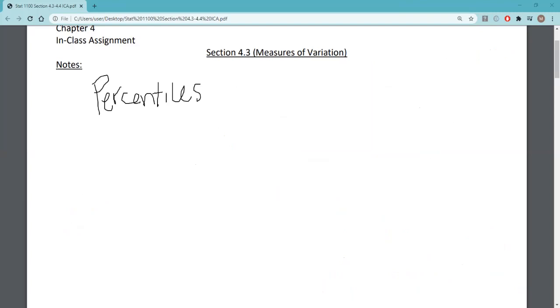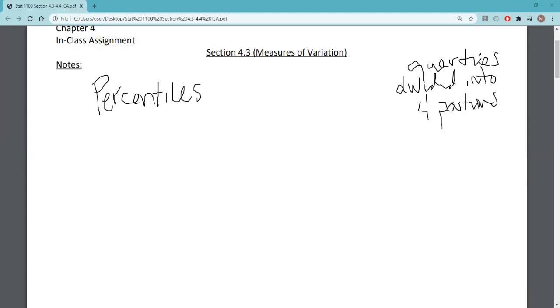So remember that quartiles divided the data set into 4 portions. When we're talking about a percentile, we are dividing it into 100 portions.